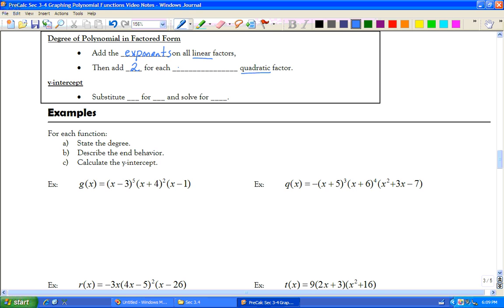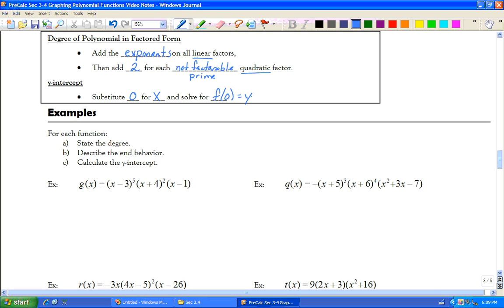So we're going to add 2 for anything that's not factorable, or sometimes we say that that's prime. And we'll look at a couple examples here. Before we do that, we also need to repeat how to find the y-intercept. We substitute in 0 for x, and we're going to solve for f of 0 equals y. So we're solving for our y.